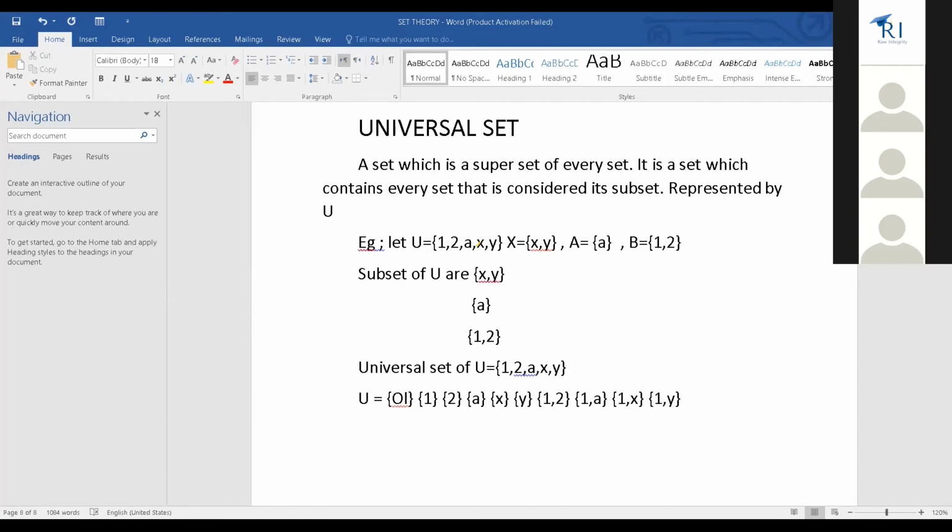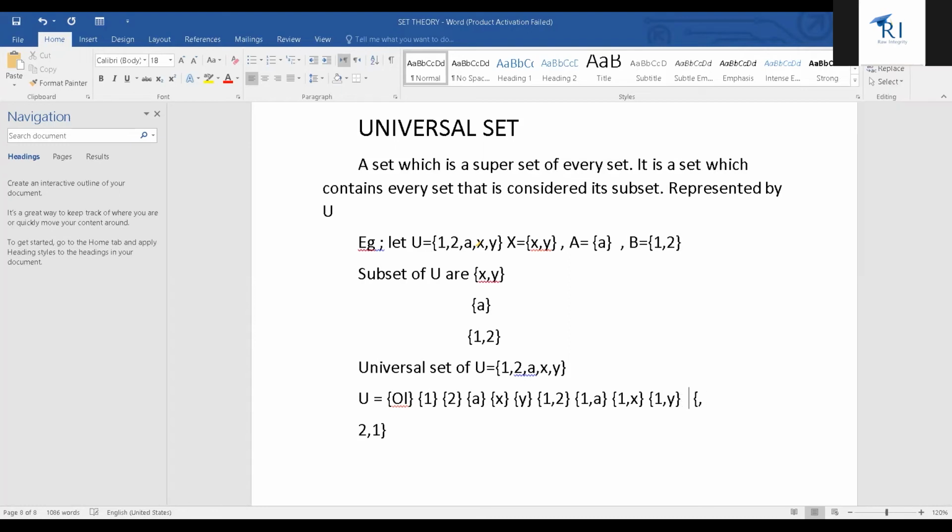Now we go to 2. 2 and 1. Then we have 2 and a.